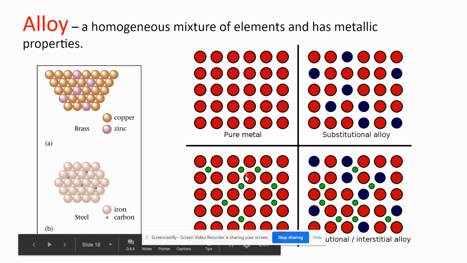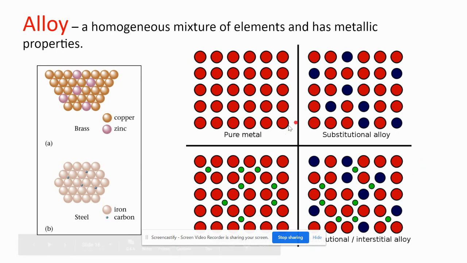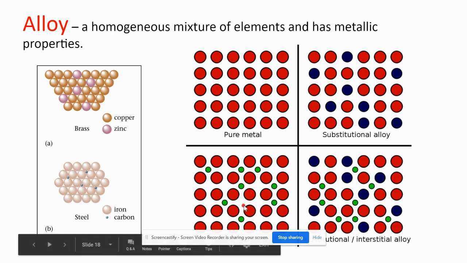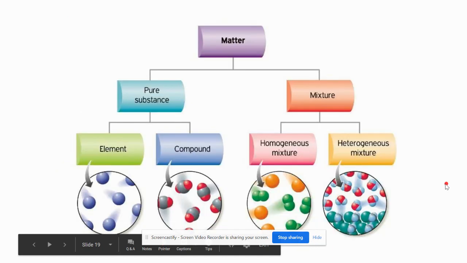You're not replacing any atoms here. These atoms are Fe, iron, and then you're just adding carbon atoms in between the iron atoms. So this gives you the interstitial alloy. Now you can mix the two together, interstitial and substitutional alloy, which gives you this last picture.